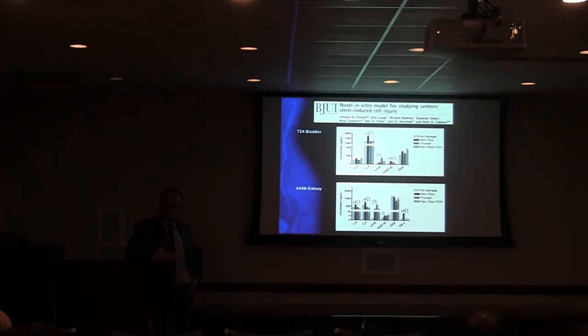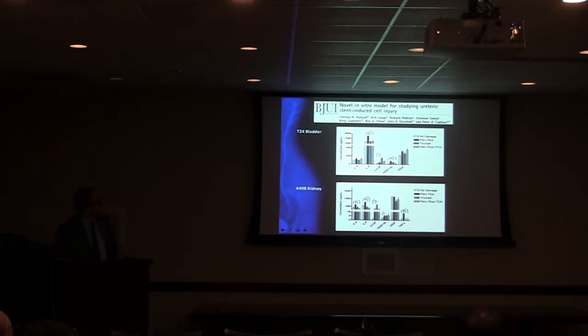So we developed an in vitro model in which we tested the triclosan eluting stent or the control stent, but added triclosan to the actual medium, and we quite clearly showed significant reductions in pro-inflammatory cytokines in both bladder and kidney epithelial cells by triclosan.